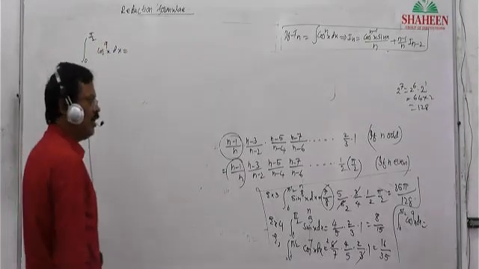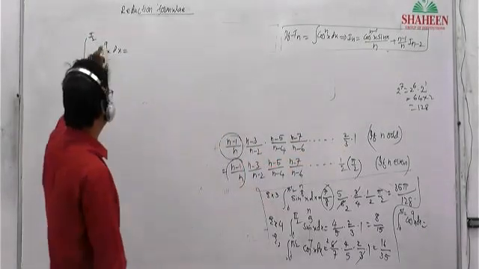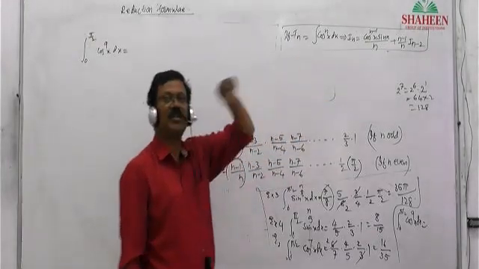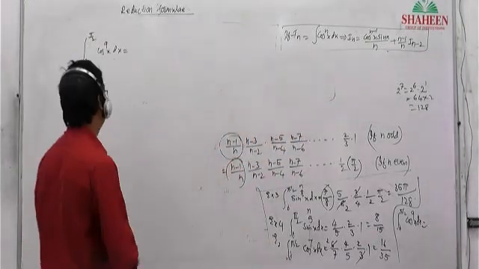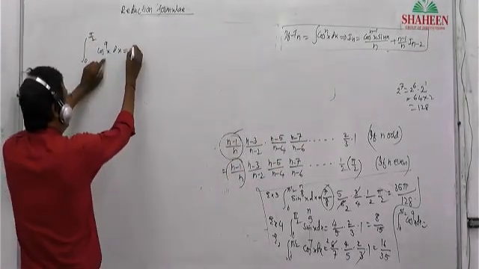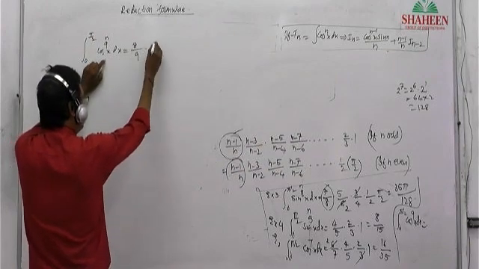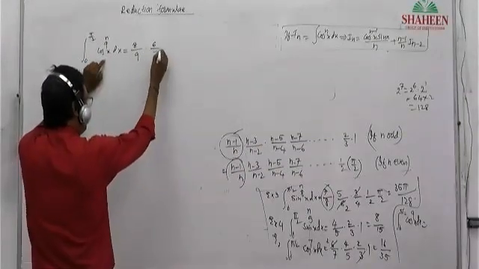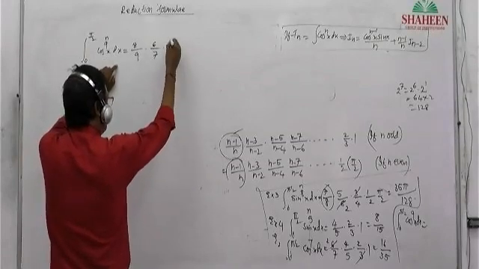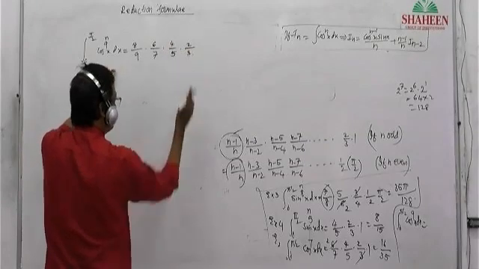In this, are you getting 1 by 2? No. Why? N is not even, n is odd. You are getting the last number 2 by 3. Remember the first number, n minus 1, 8 by n which is 9. Then with a difference of 2: 6, 7, then 4, 5, then 2, 3.